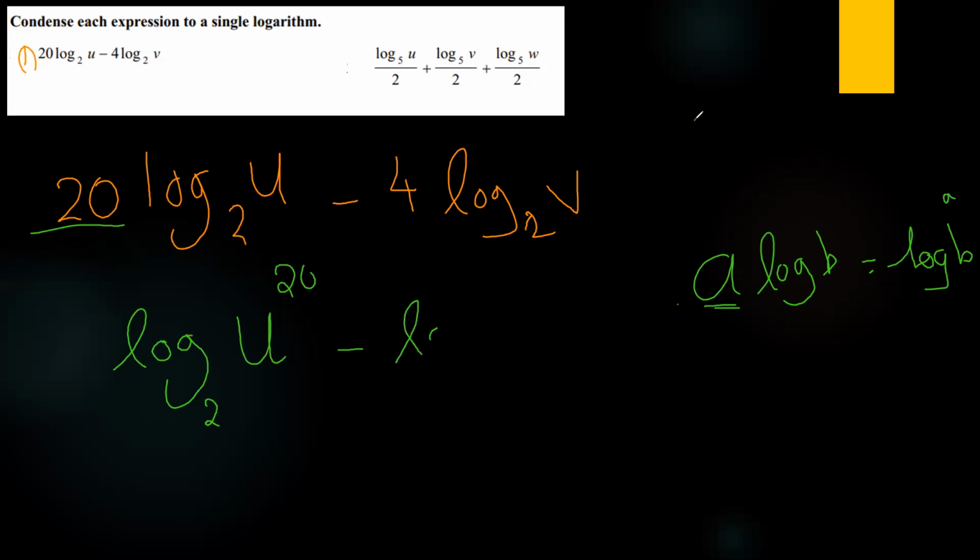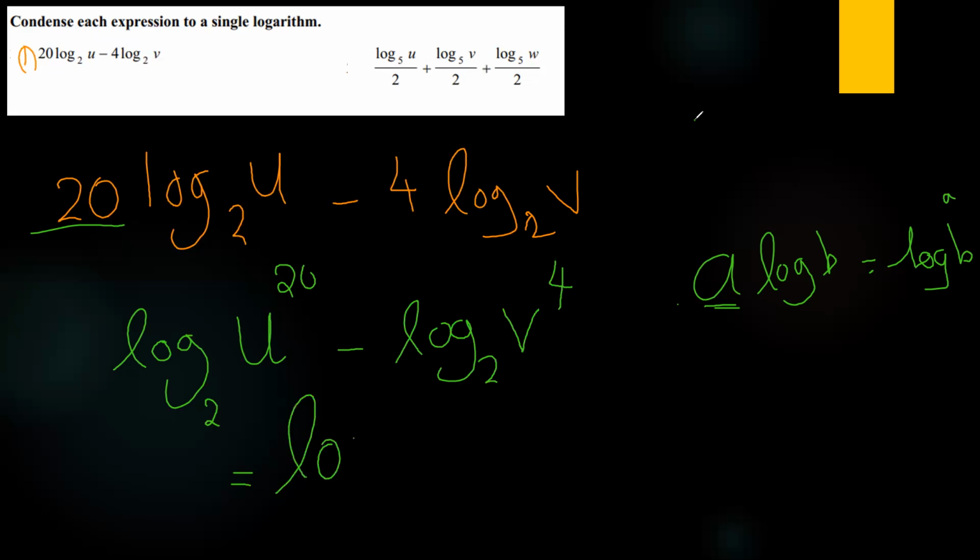How can I rewrite it here now? Logarithm to the base 2 of v to the power 4. Now the logarithms are subtracted. So how can I rewrite them? Make them divided.